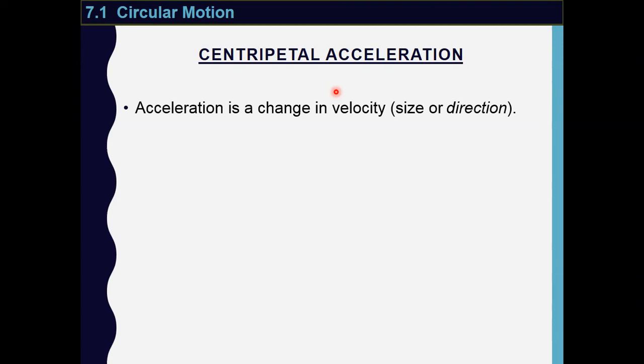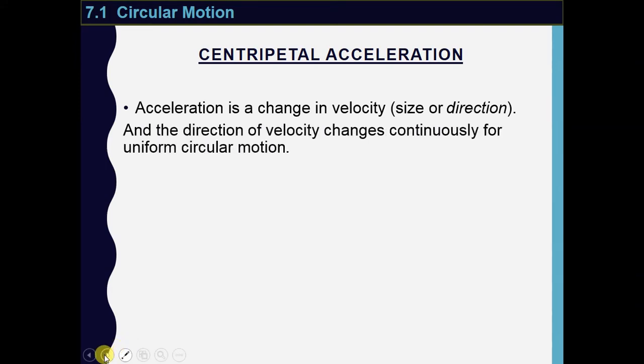What do you think? For sure we have. Why? Because the velocity of the object in a circular motion is changing even though it has the same speed. We said any object that is moving in circular motion, its velocity will change due to the change in direction. So acceleration is change in velocity, size or direction.